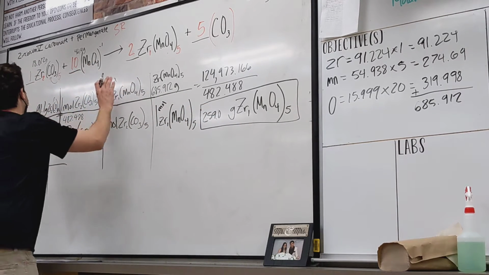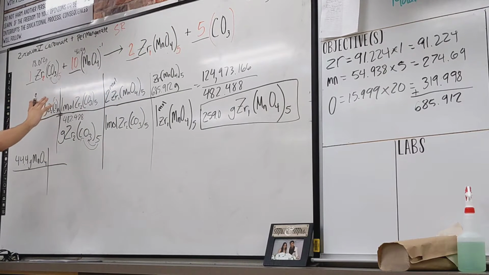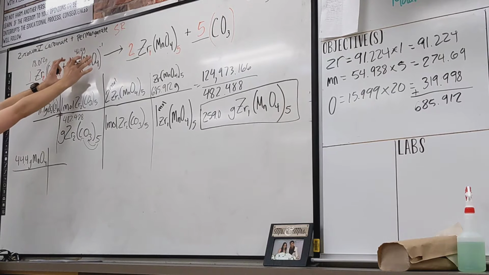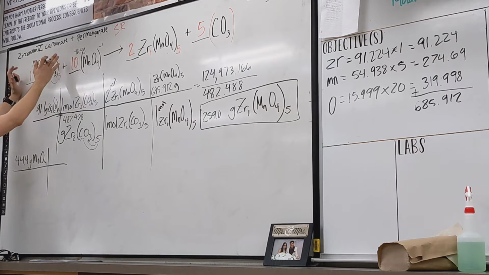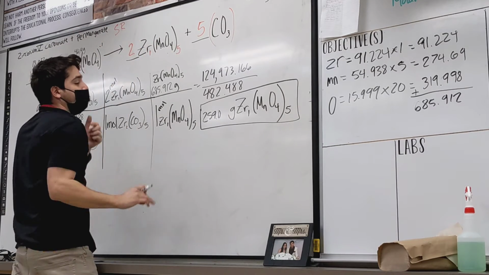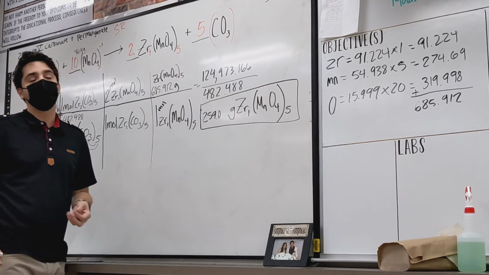So basically we're converting this into this, and that's the maximum amount you can make, 259. If you had an unlimited amount of this, and you had 91.1 grams of this, the maximum amount you can make is 259 grams of ZrMnO4 5.